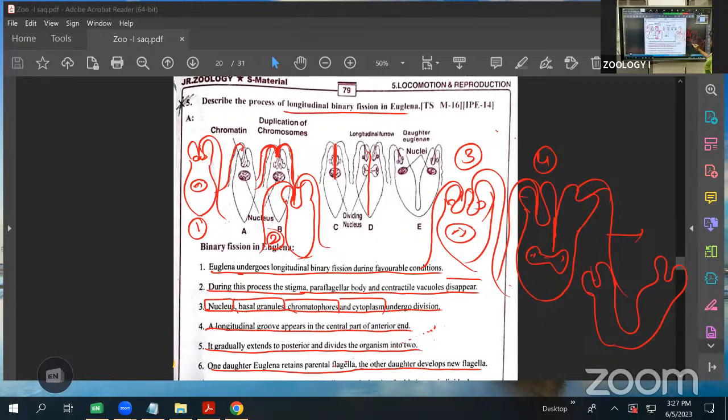See, this one is one flagellum. This one is one flagellum. Here, nucleus, the stigma, paraflagellar body, and like this. Here, this is called as, next down it is there.